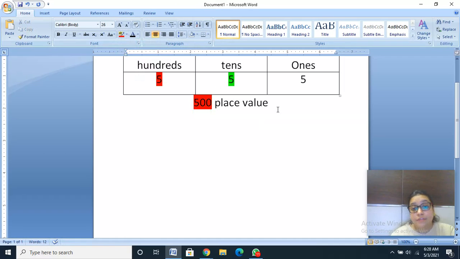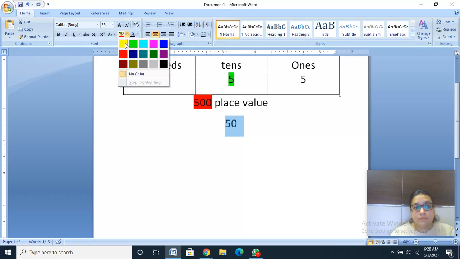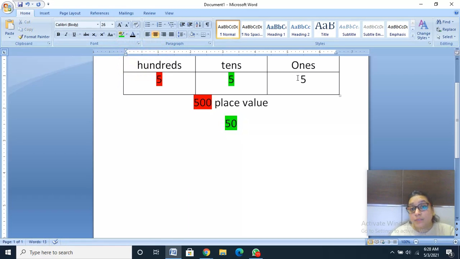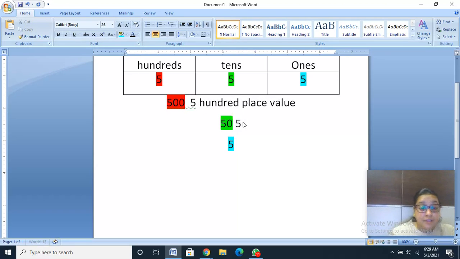The place value of this 5 is 50. And the place value of this 5 is only 5, that is ones. Means I can write 5 hundreds, 5 tens, and 5 ones.